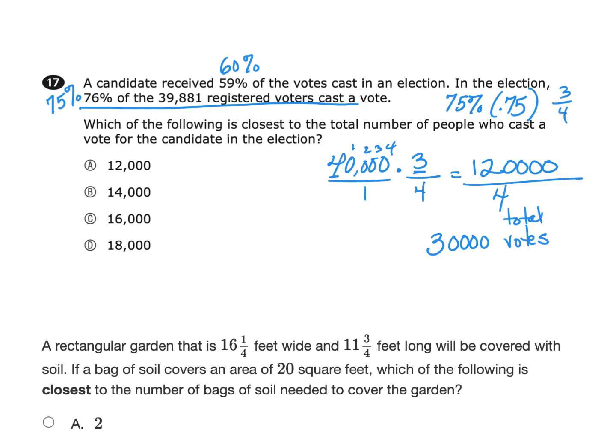I can now find 60% of that 30,000. So I can multiply it by 0.6, which is really 0.60. And 3 times 6 is 18.